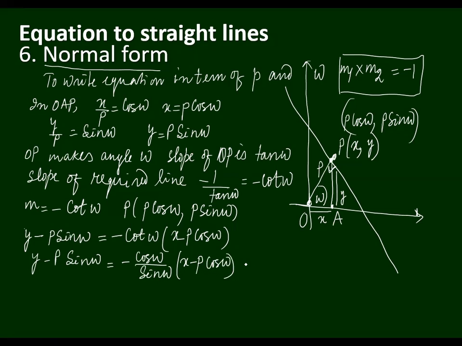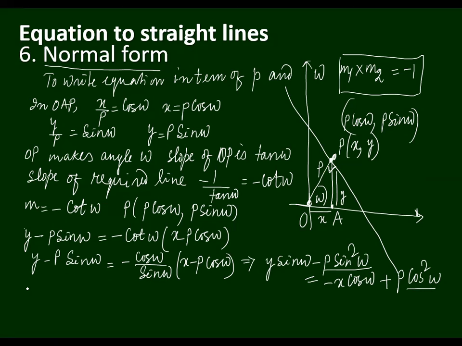Then I am multiplying sin omega on the left side. So y sin omega minus p sin square omega is equal to minus x cos omega plus p cos square omega. Then I'll shift sin square omega to the right side and shift the x term to the left side, so it will be plus x cos omega.